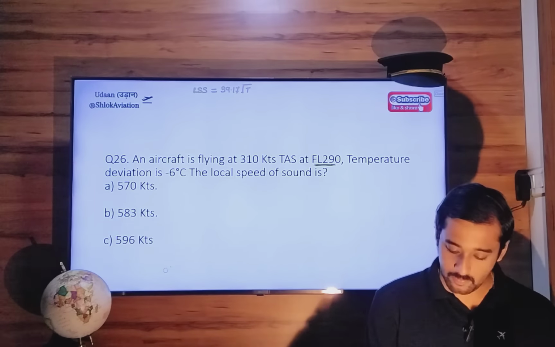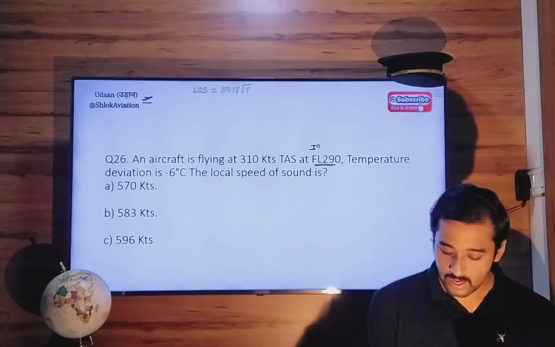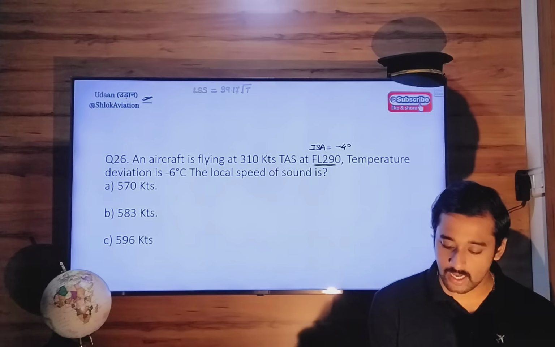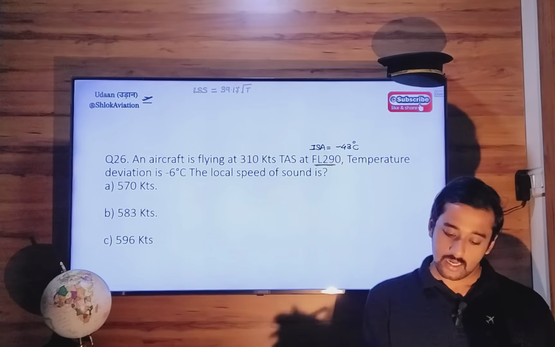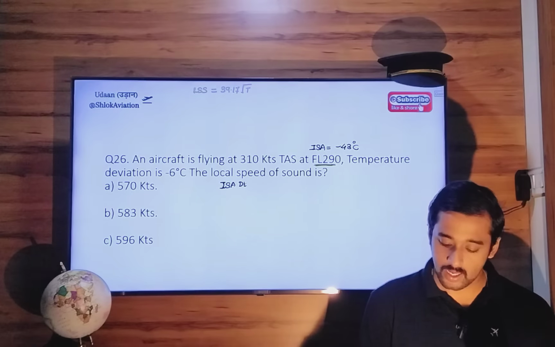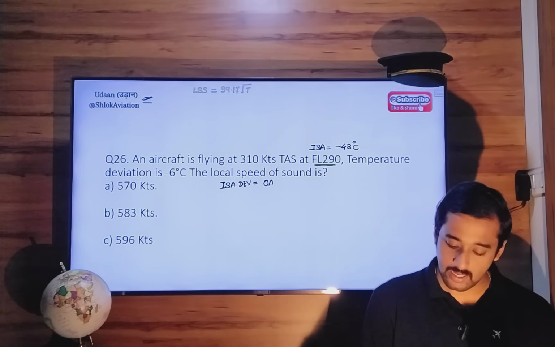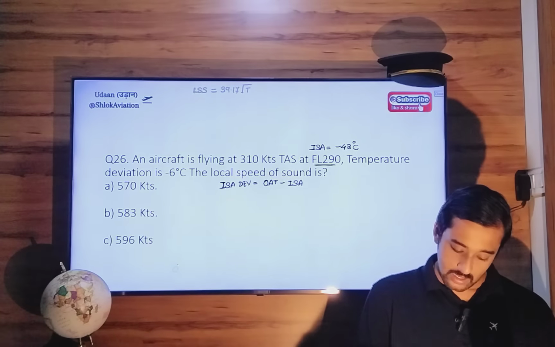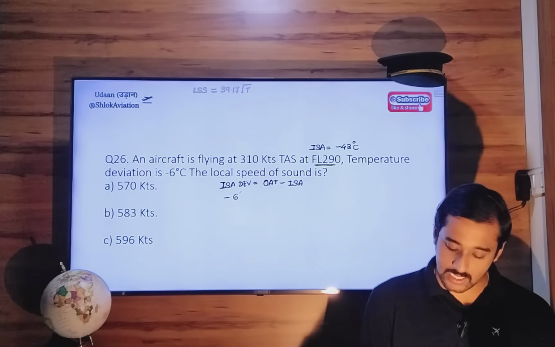ISA temperature at 29,000 is minus 43 degrees Celsius. Deviation given to you, ISA deviation is nothing but outside air temperature, ambient temperature minus ISA temperature. So deviation is minus 6 degrees Celsius.